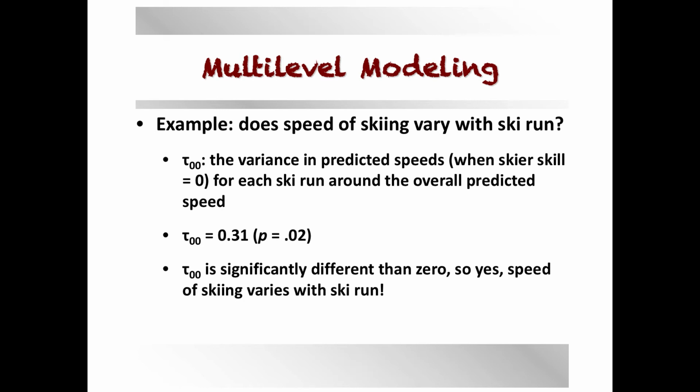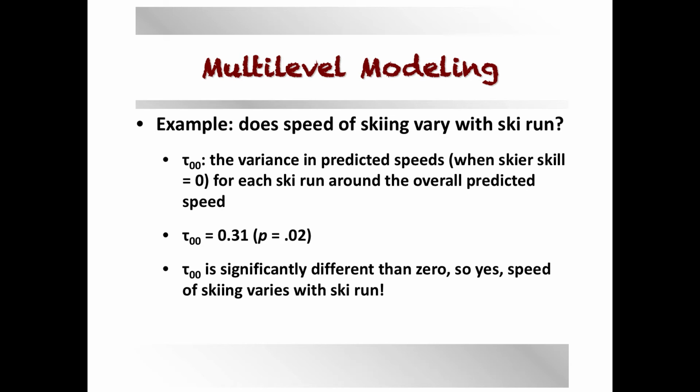That's your group intercept. So the variance in those group intercepts for each ski run, around the overall intercept, or overall predicted speed when the skier skill equals 0. So I was just trying to take that tau 0 and put it in terms of what an intercept is and what the example is, in this case the ski runs.